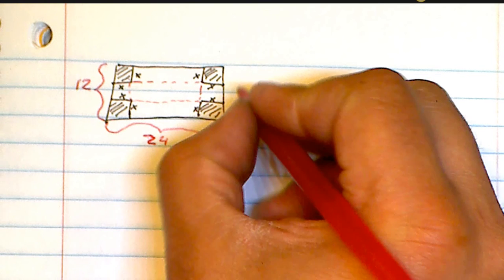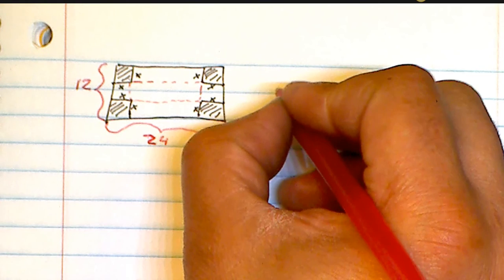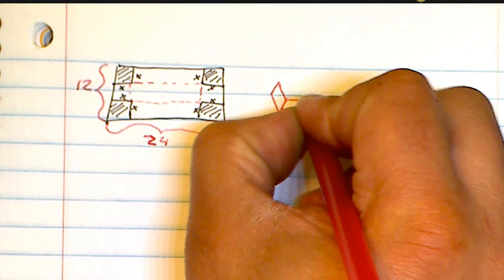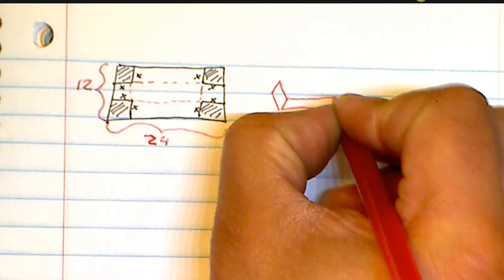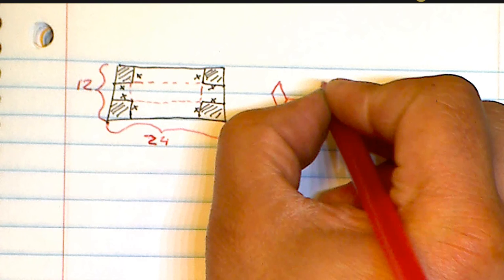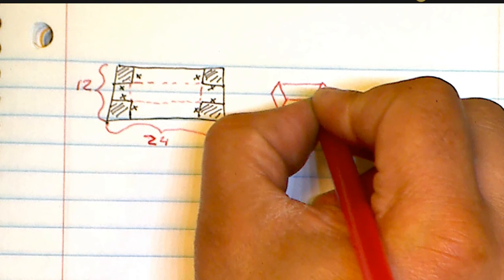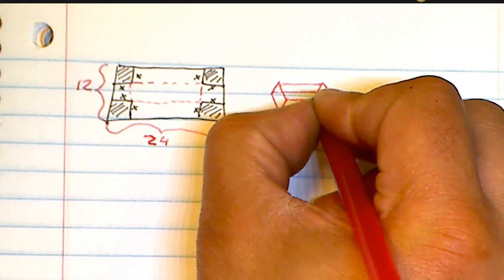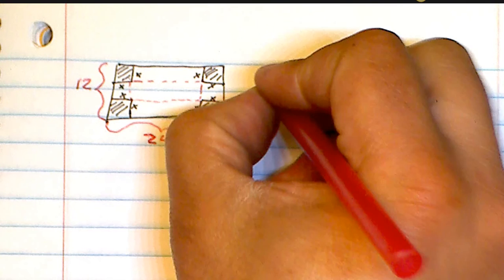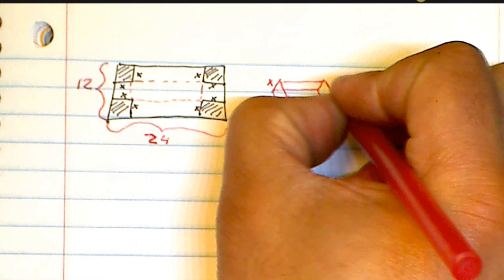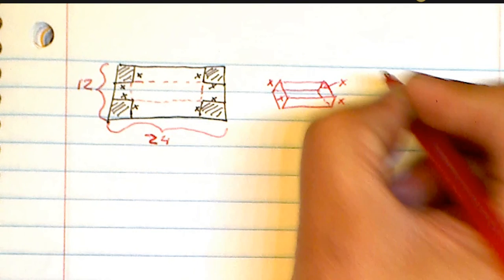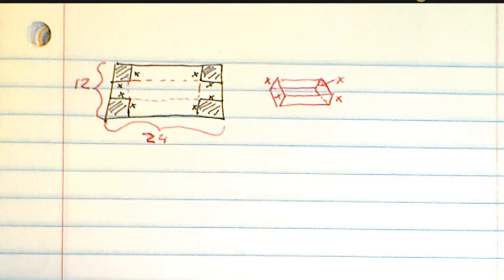So when you fold this, you're going to end up with some sort of shoebox, or packaging box. You kind of treat it as a prism, but all these are basically X's. So now that's what you have.